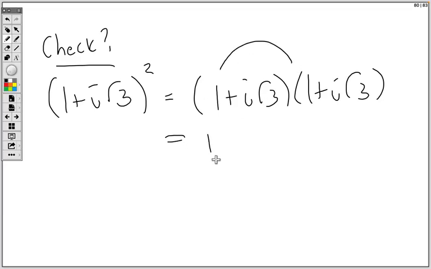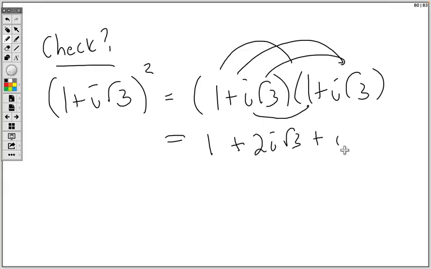So 1 times 1 is 1, plus 1i square root of 3, 2i square root of 3, plus i squared square root 3 squared. 1 plus 2i square root of 3.